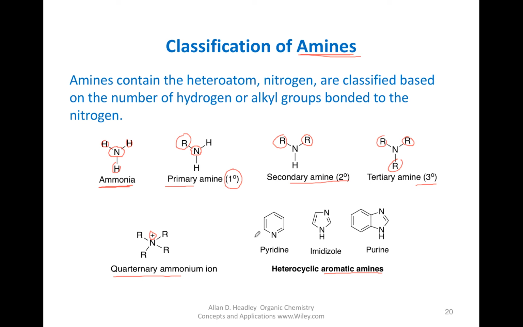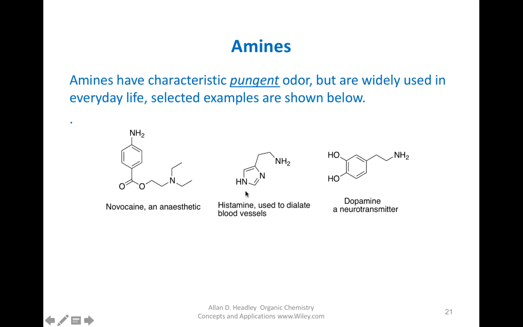But the concentration for the first part of this course will be on primary, secondary, and tertiary amines. Let us look here at some examples. As a matter of fact, these are examples that have been in the news recently, and I hope you guys are following what's happening in the news in terms of chemistry.